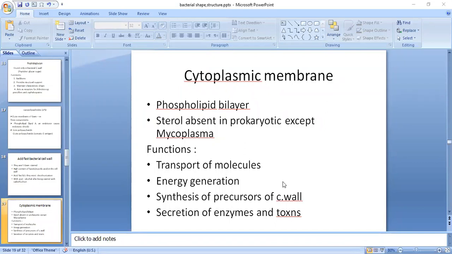They also act in the synthesis of the precursors of the cell wall, and in the secretion of the enzymes and toxins. These are the different functions of the cytoplasmic membrane.